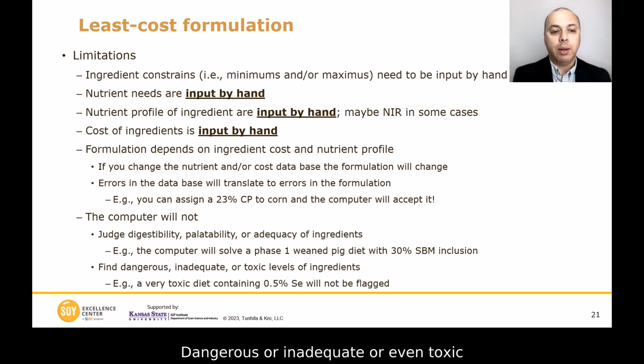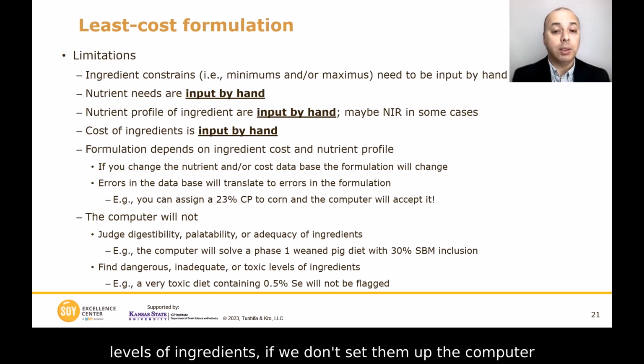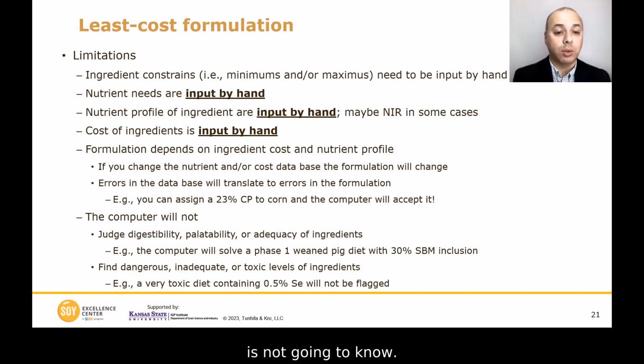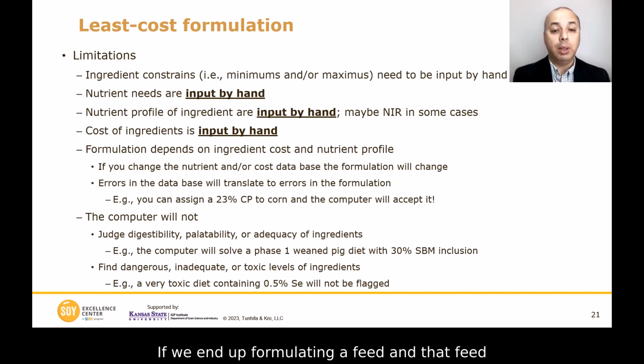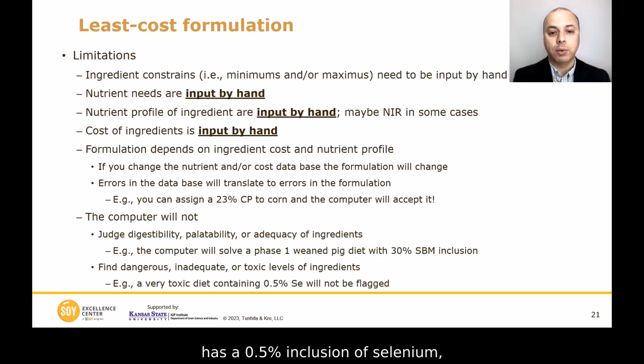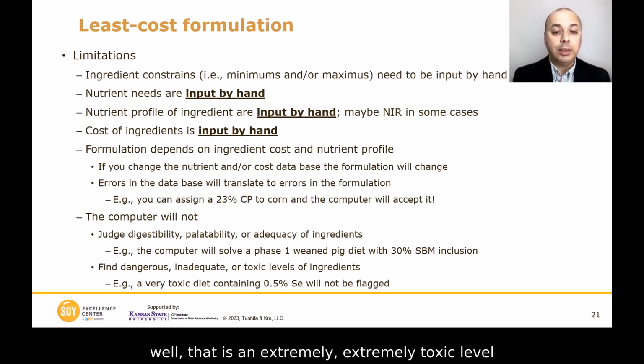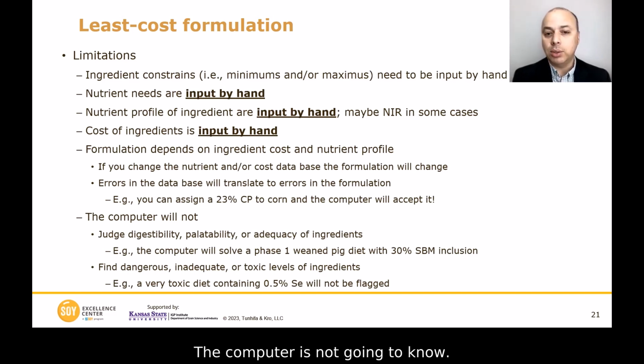Dangerous or inadequate or even toxic levels of ingredients, if we don't set them up, the computer is not going to know. If we end up formulating a feed and that feed has a 0.5% inclusion of selenium, well, that is an extremely toxic level of selenium. The computer is not going to know.